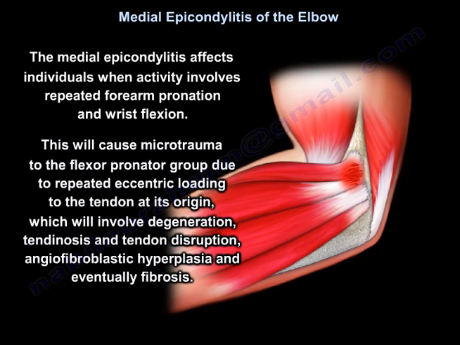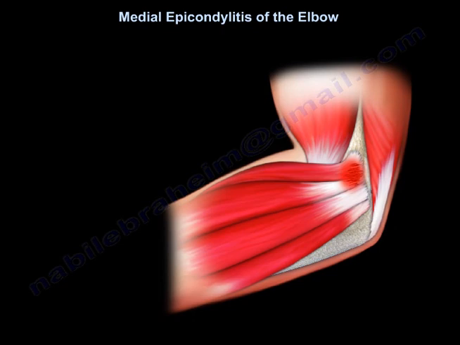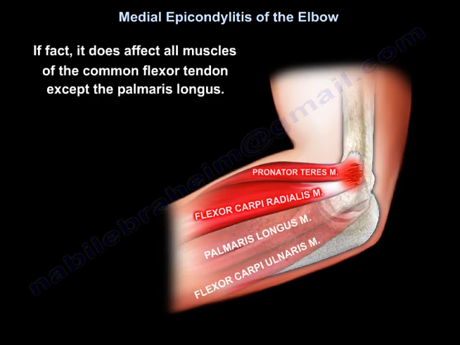This will cause microtrauma to the flexor pronator group due to repeated eccentric loading of the tendon at its origin, which will involve degeneration, tendinosis, and tendon disruption, and angiofibroblastic hyperplasia, and eventually fibrosis. In fact, it does affect all muscles of the common flexor tendon except the palmaris longus.